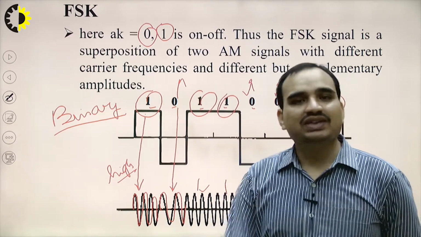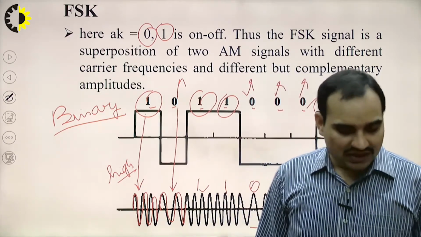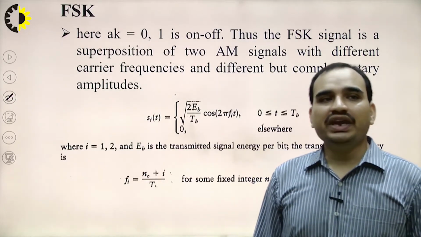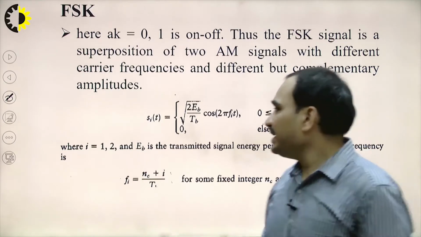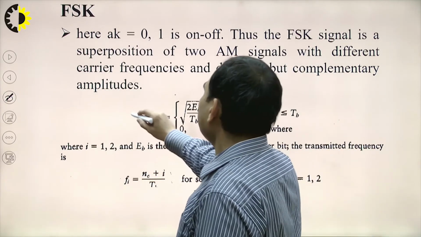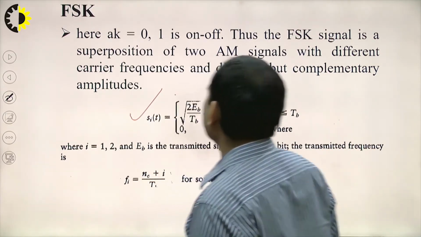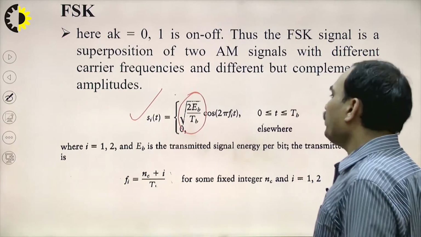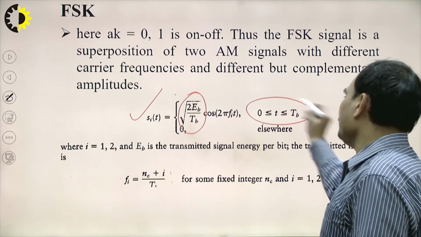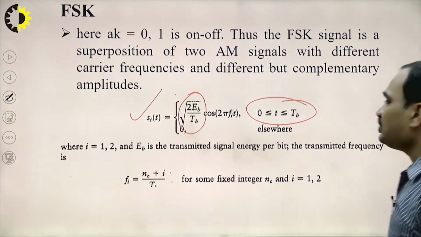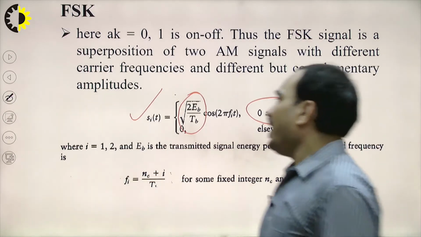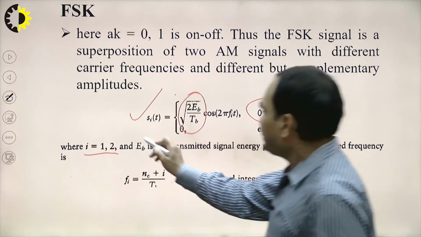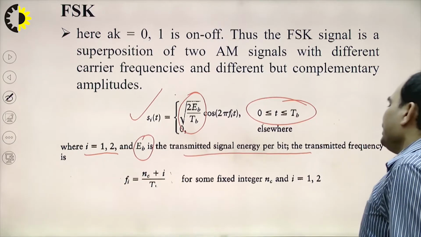So how can we generate frequency shift keying? This we have seen using the waveform. Here we have the signal Si(t) representing our signal, given by square root of 2 Eb by Tb times cos of 2 pi Fi t, for the bit duration from 0 to Tb, where i varies from 1 to 2, and Eb is the transmitted signal energy per bit.